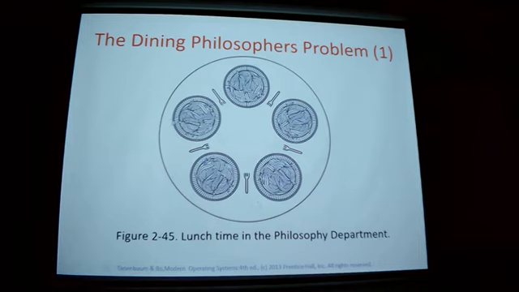We can see that this is a circular table, and five philosophers sit around it. There are five plates, 1, 2, 3, 4, 5, one plate for each philosopher.